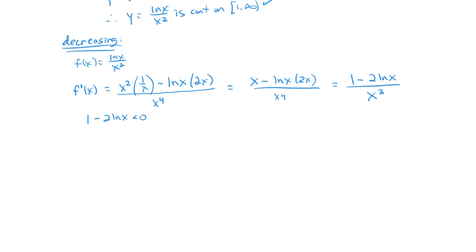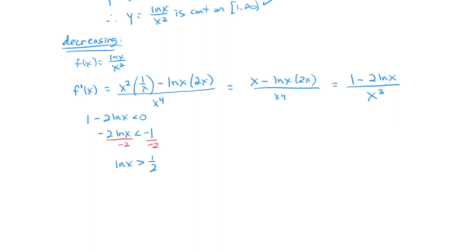subtract 1 from each side. And what I'm going to do right now is divide each side by -2. And remember what happens with an inequality. When you divide by negative, we have to reverse this sign, right? So that would give us the natural log of x is greater than 1/2.